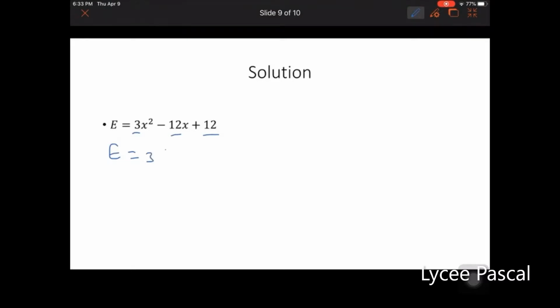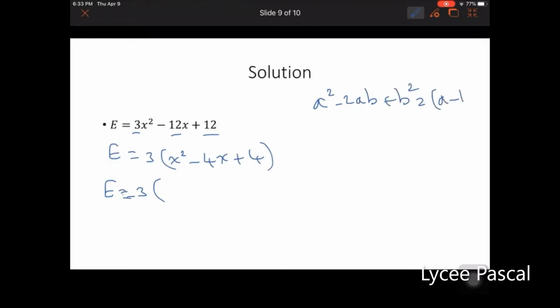Now we should think about the identity a squared minus 2ab plus b squared, which is equal to a minus b squared. So here x squared, a is x, it's under the power 2, and minus 4x we leave it, plus 4 we can write as 2 squared, so we get b equals 2. Now we test if in the middle we have minus 2ab.